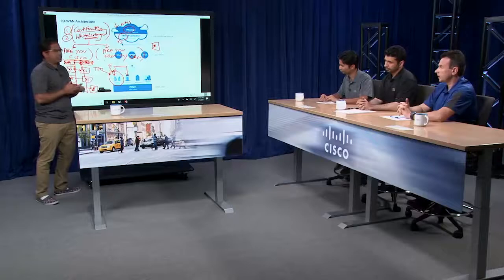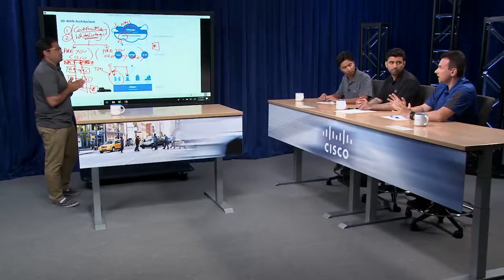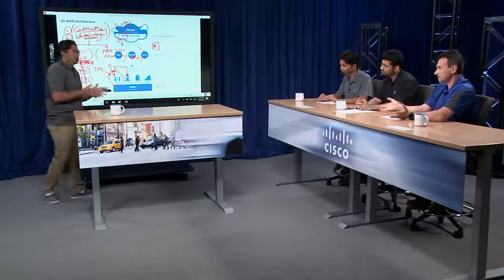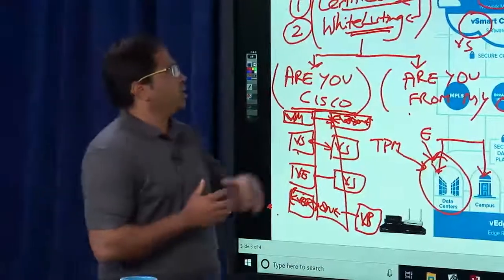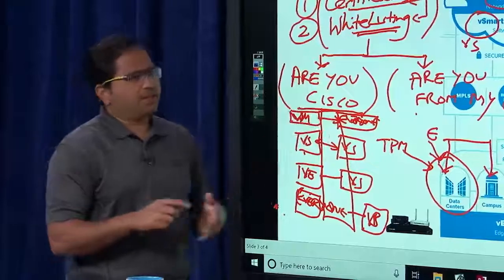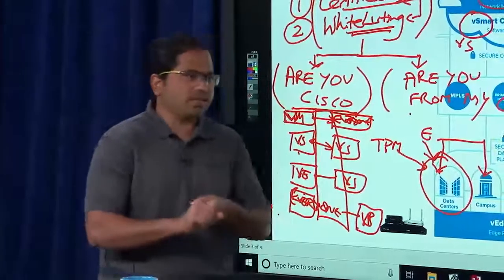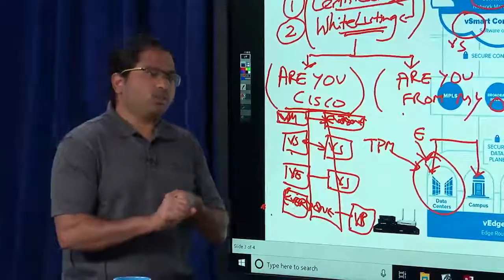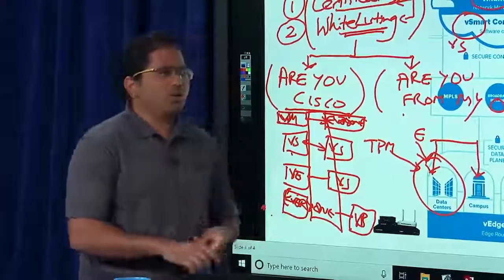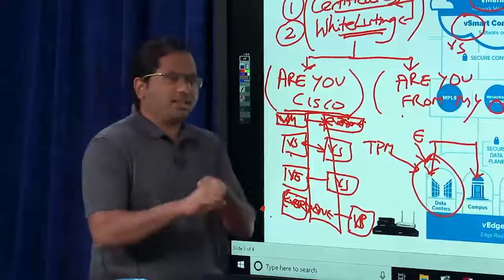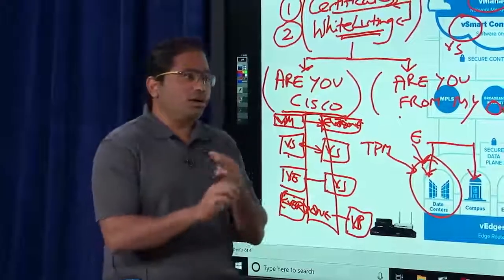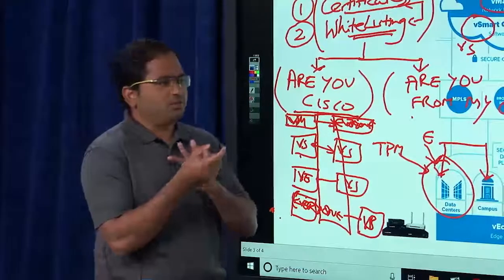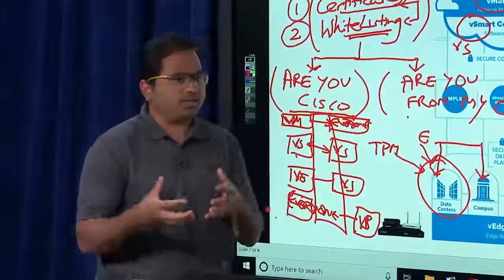I guess when that authentication process does not succeed, then the connection does not get established. It does not get established. You're not let into the network if any of these fail. Either it's a rogue device that does not belong to Cisco, or it's a device that belongs to Cisco but not the network, or it belongs to Cisco and the network but is not actually currently wanted for participation in the data plane itself.